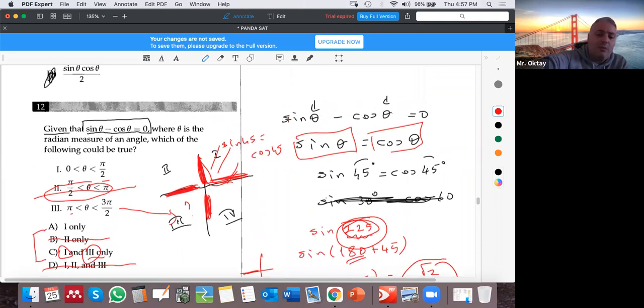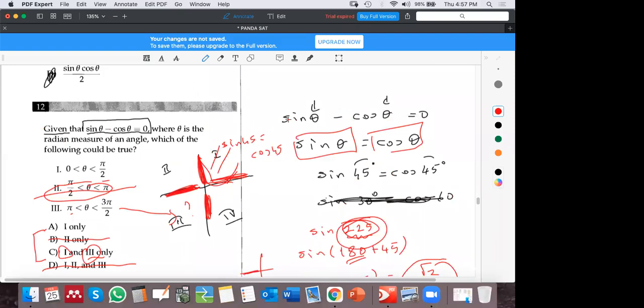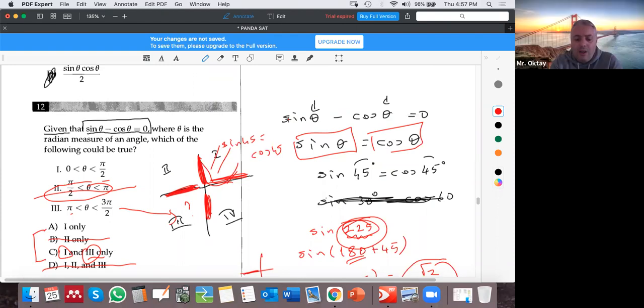Yeah, Usama, what's your question? Tell me. How did you know that pi over 2 is in which quadrant, or 3 pi over 2 in which quadrant? How do I know that? What do you think? How could it be? I mean, from the beginning, let me explain.